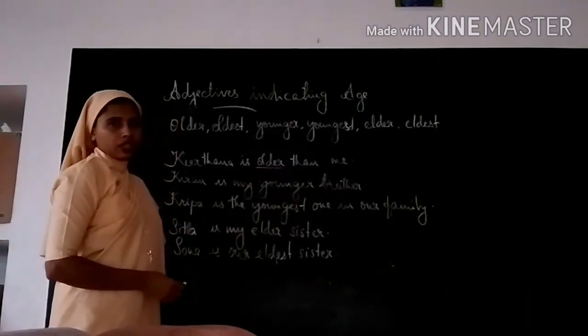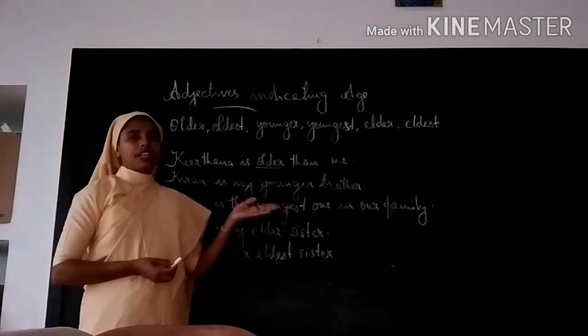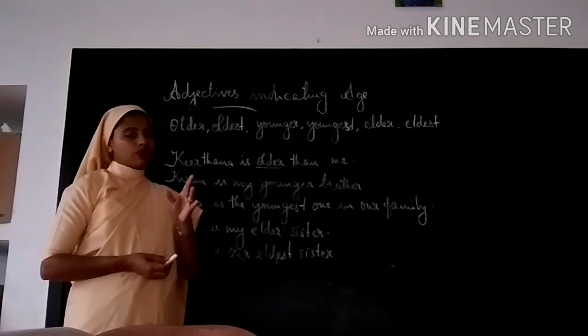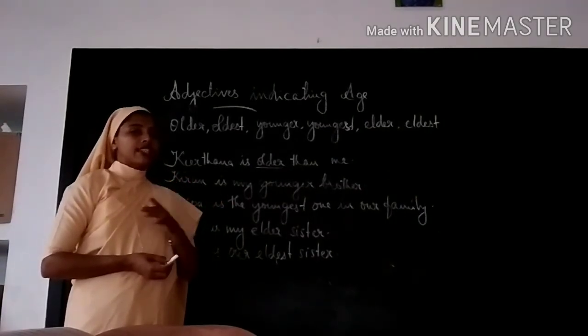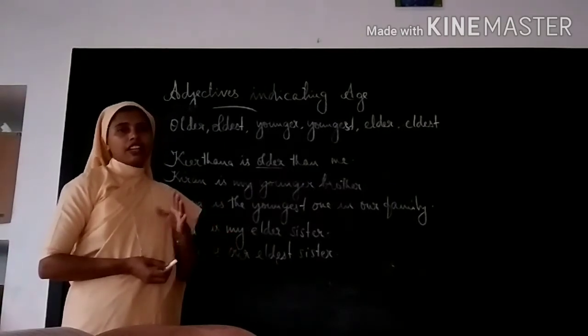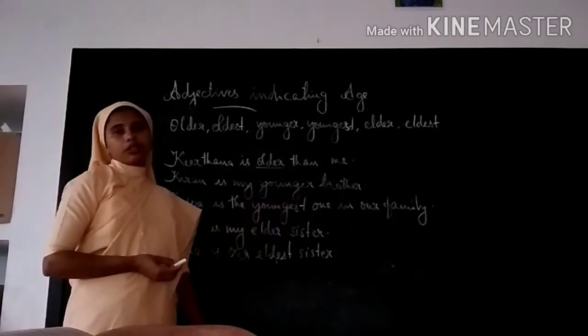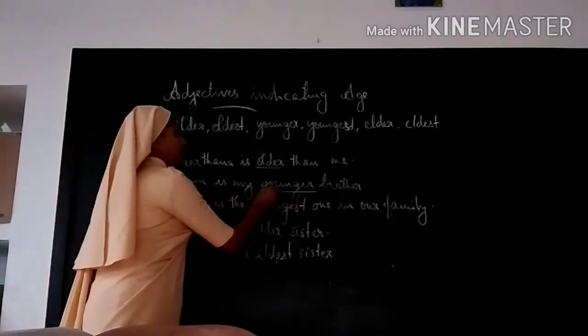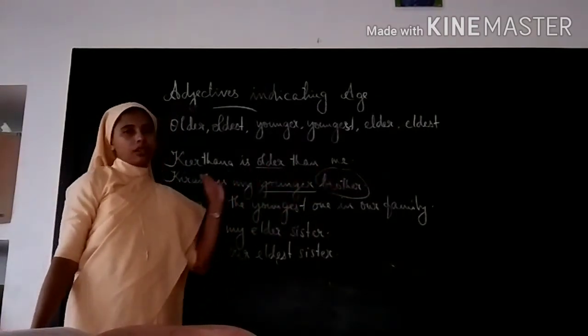Older is comparative, and this older can be used with both relatives as well as other people. Kiran is my younger brother. Younger is used to qualify brother.